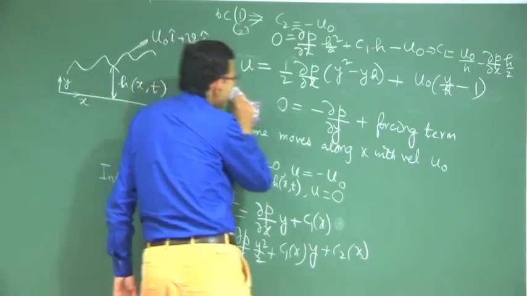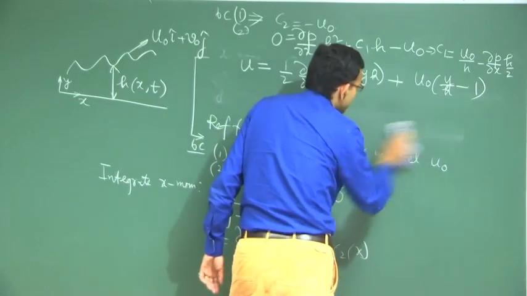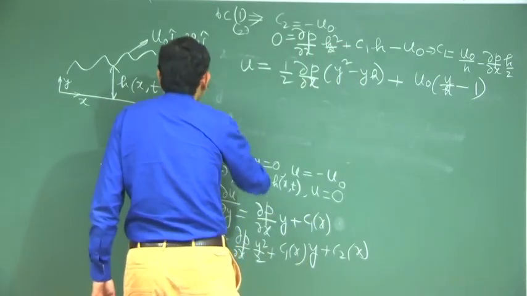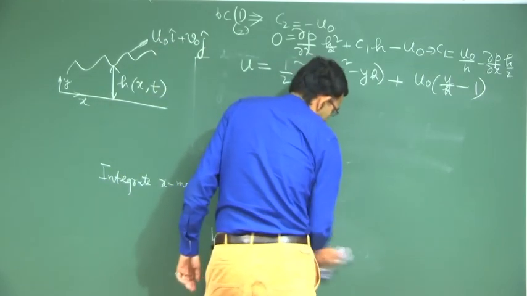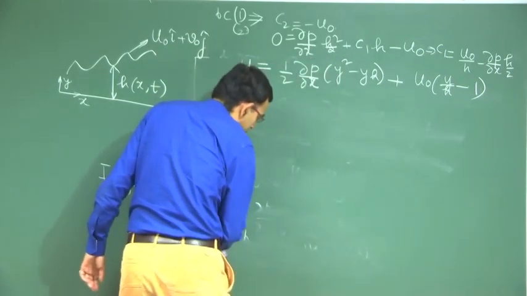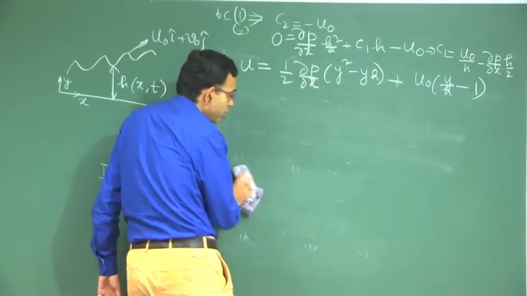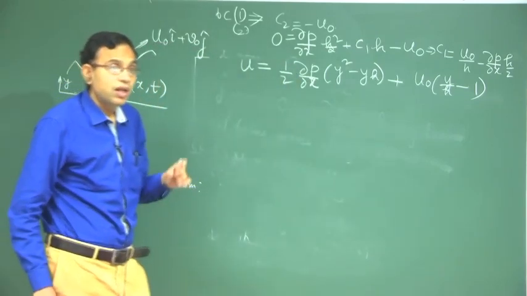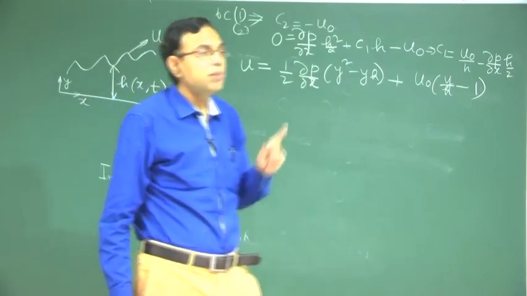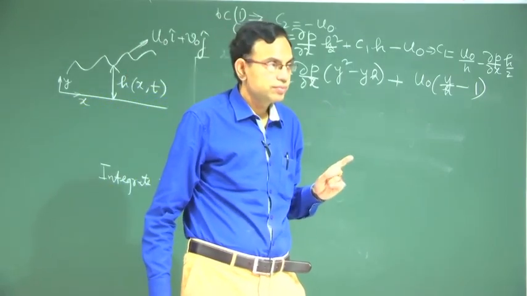The y momentum equation does not come into the picture here because it trivially tells that pressure gradient along y is 0. So, you do not have to bother about pressure variation along y, you may have to bother if the body force along y is important, right.